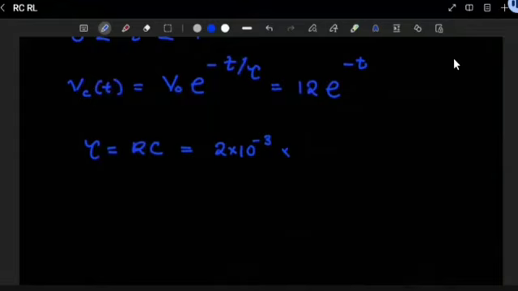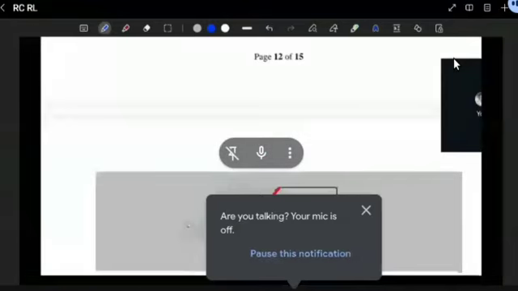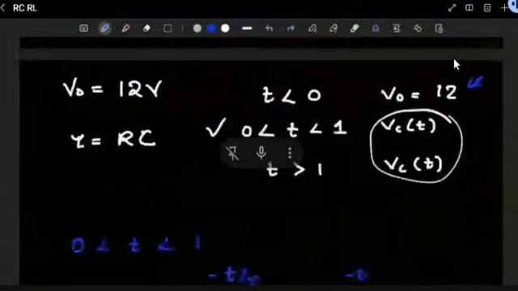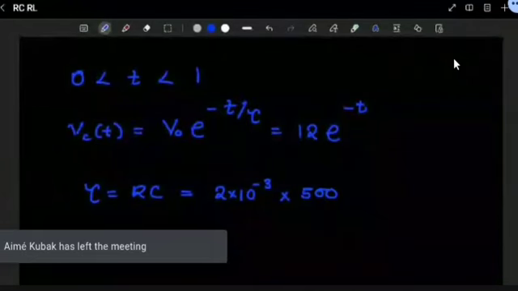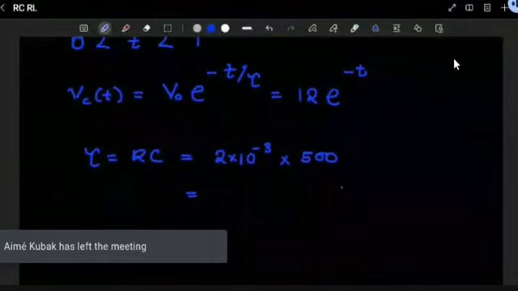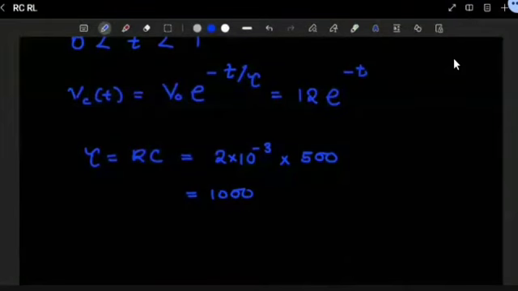But what is the resistance? When you look at the circuit that we have, in this case, we only have one resistor, the 500 ohm resistor. So the total resistance in that circuit is 500. So when you multiply 500 with 2, we get 1,000. Then 1,000 by 10 to the minus 3, we get 1 as the time constant.